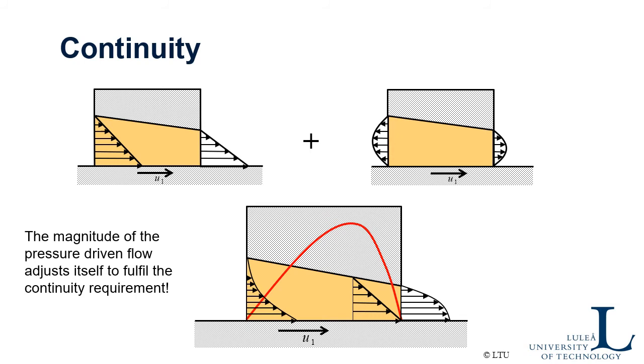So first of all, if we only had Couette flow, we see that the flow into the bearing is bigger, because the total flow is actually the area of this triangle. Since the film thickness is bigger here in the inlet, the flow into the bearing is bigger than the flow out from the bearing, and that is not allowed according to the flow continuity law. So how do we fix that?